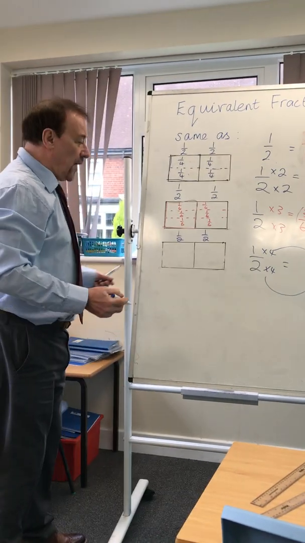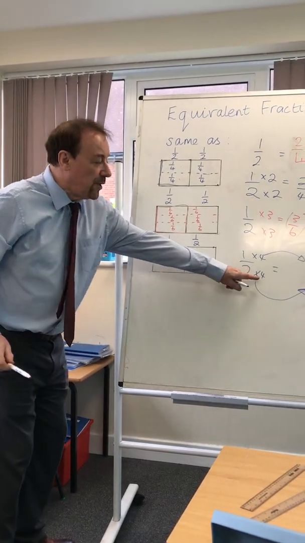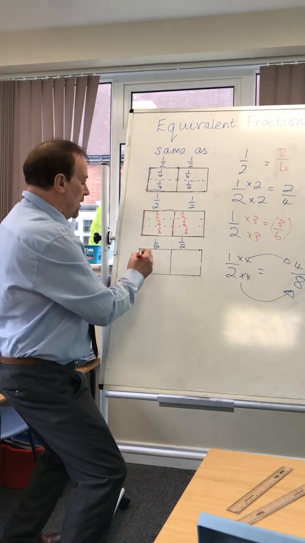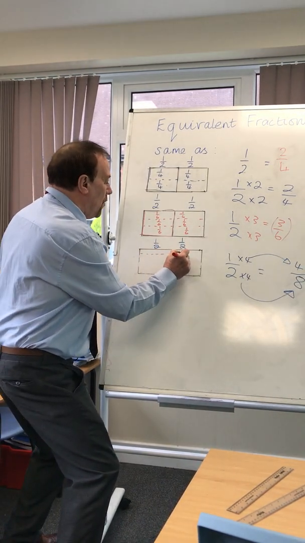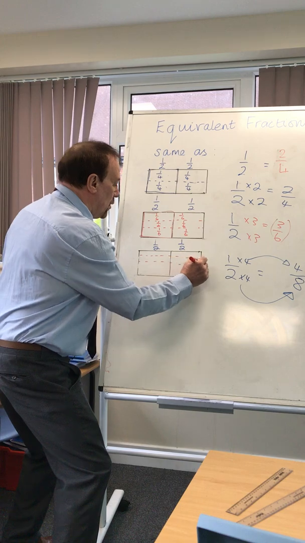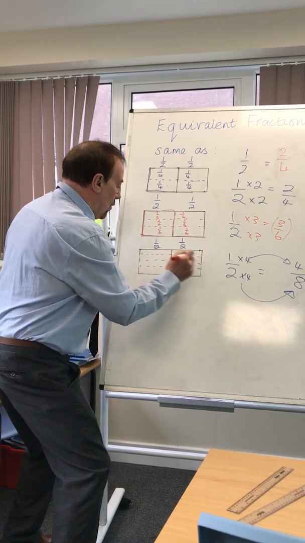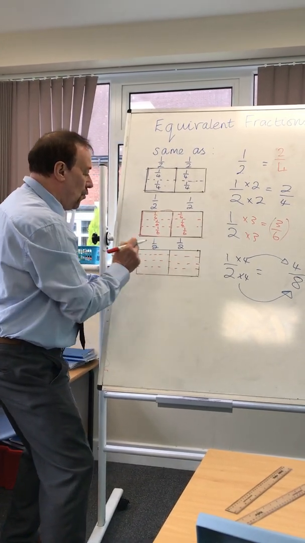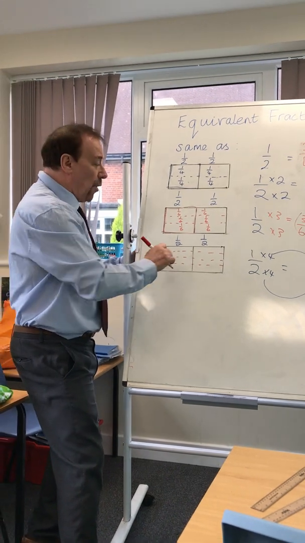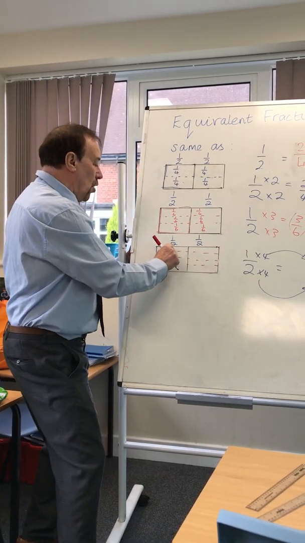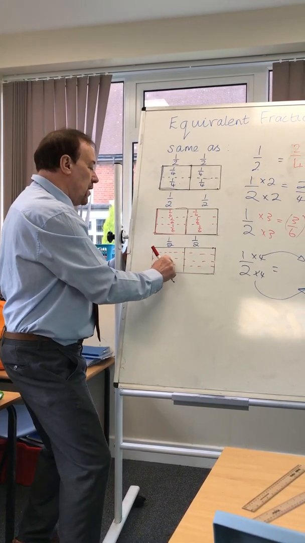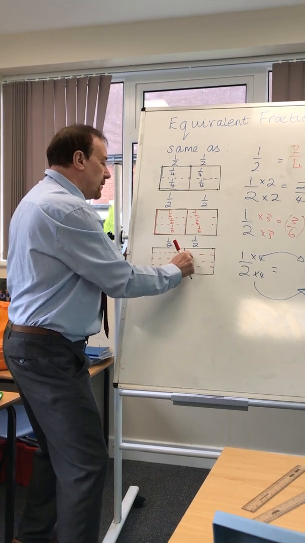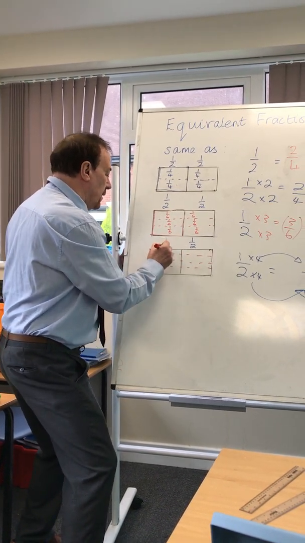Let's try and prove that. What have we got to split it up into? 4 different sections. Here we go. 1, 2, 3, 1, 2, 3, 4. And how many equal parts are now in the whole? 1, 2, 3, 4, 5, 6, 7, 8.